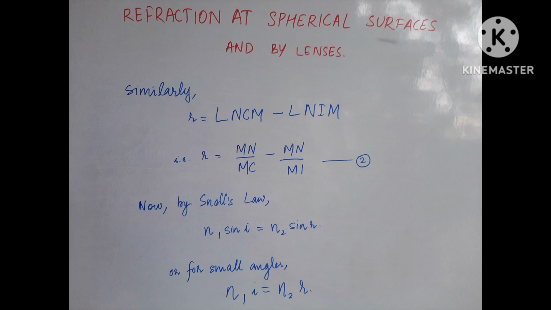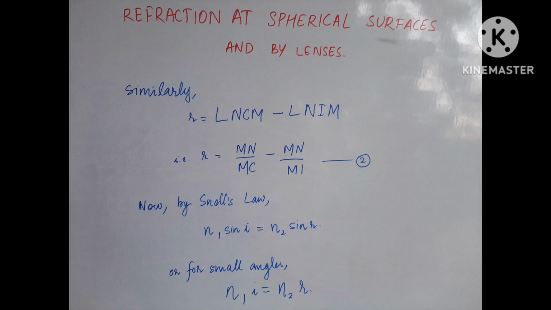So instead of sin i we can write i, and we can write n1 i is equal to n2 r. This relation is useful in connecting i and r, so we can use equations 1 and 2 in this equation to get a relation between i and r.